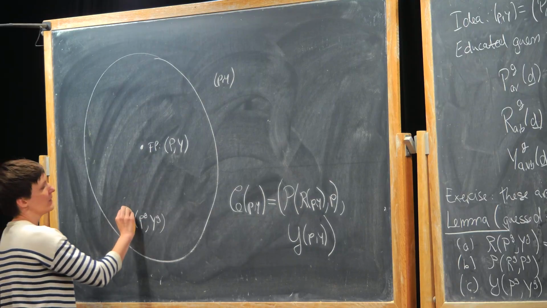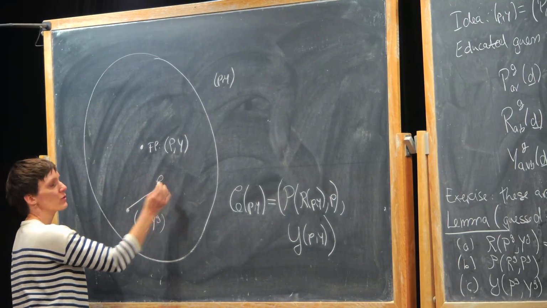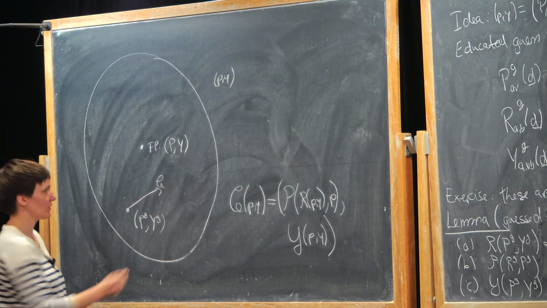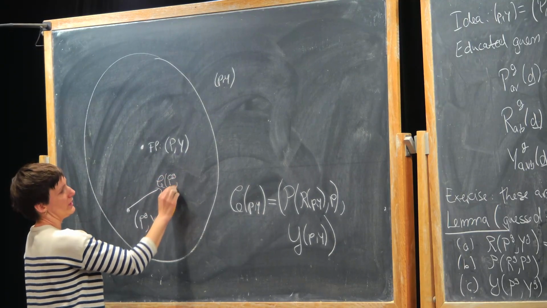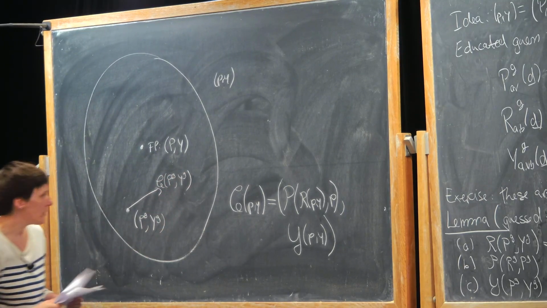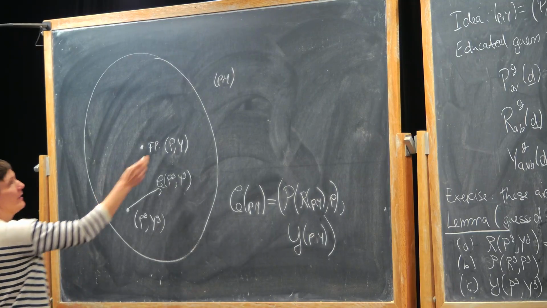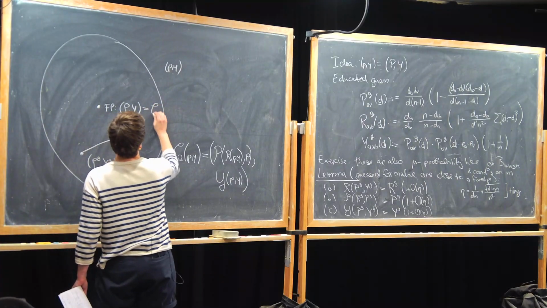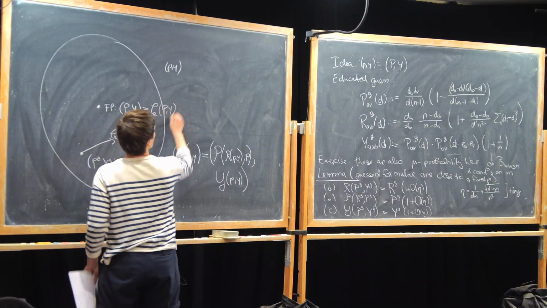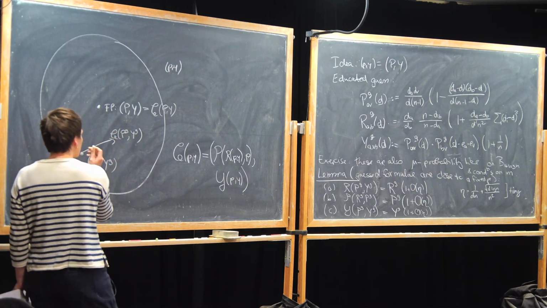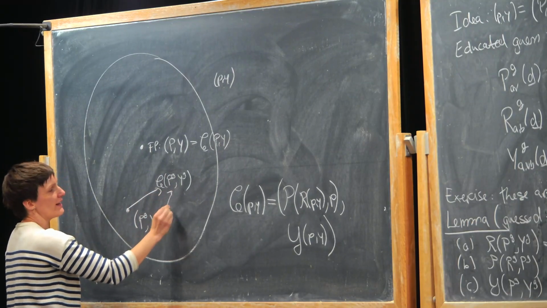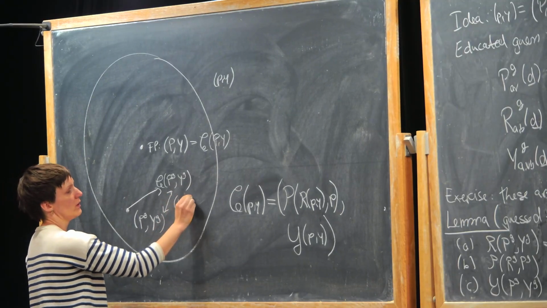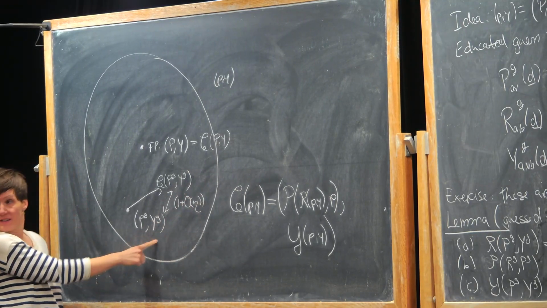So C takes you somewhere else, to some approximation, C of (P guessed, Y guessed). On the one hand, this is always equal to C of (P, Y), because it's a fixed point. On the one hand, it stays close to where I started.